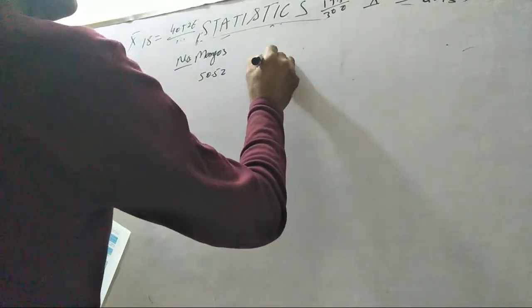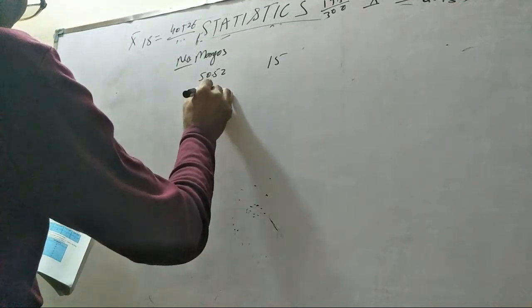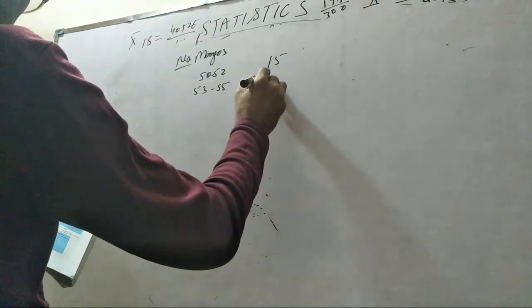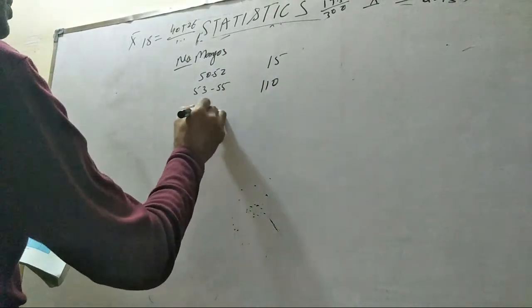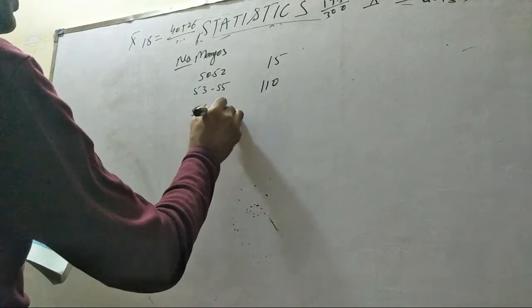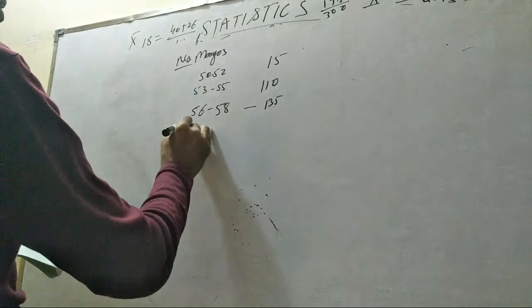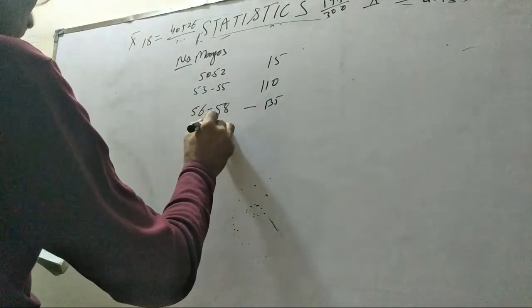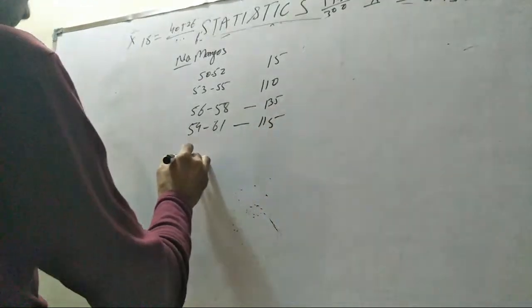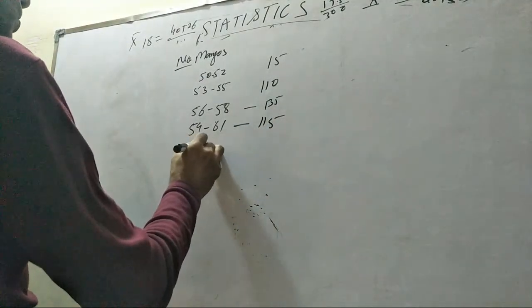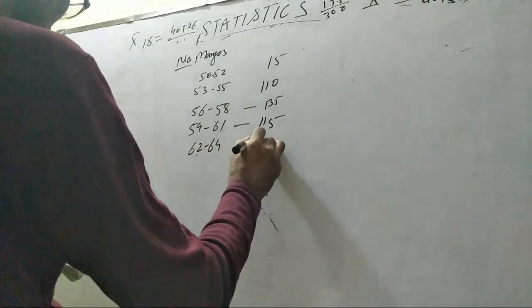Number of boxes 15 box, and 53 to 55 110, 56 to 58 is equal to 135, 59 to 61 115, and 62 to 64 is equal to 25.